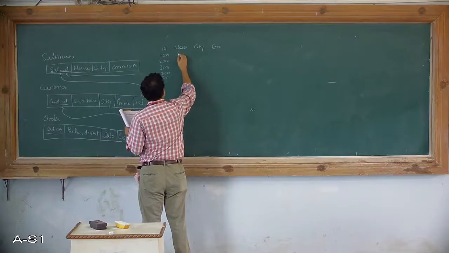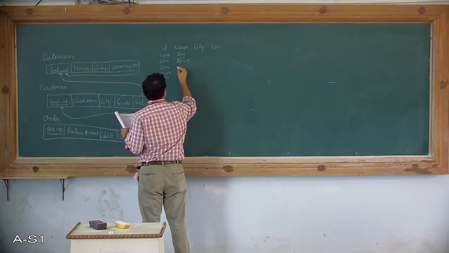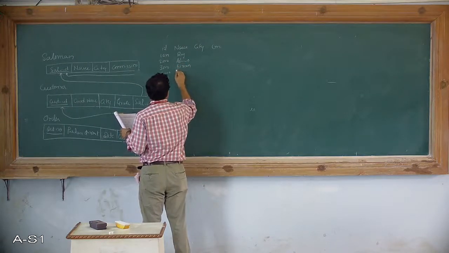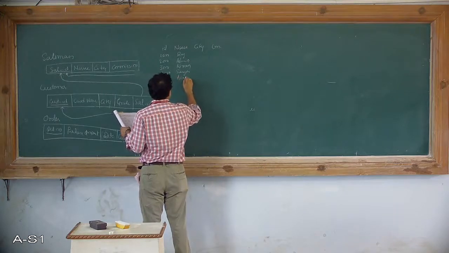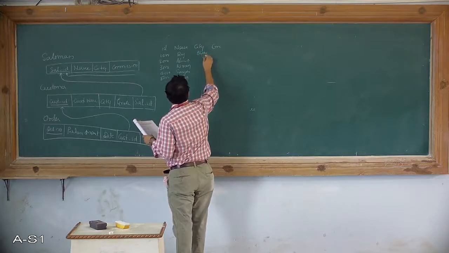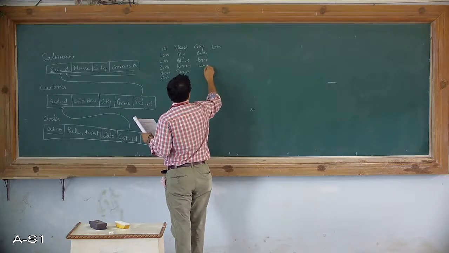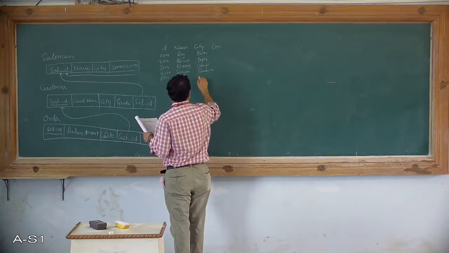Then the names are Raj, Ashwin, Kiran, Surya, Arun. City is Bangalore, Belgaum, Udupi, Tumkur, Bijapur.